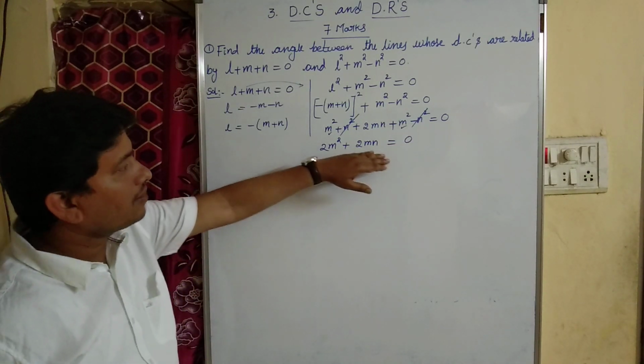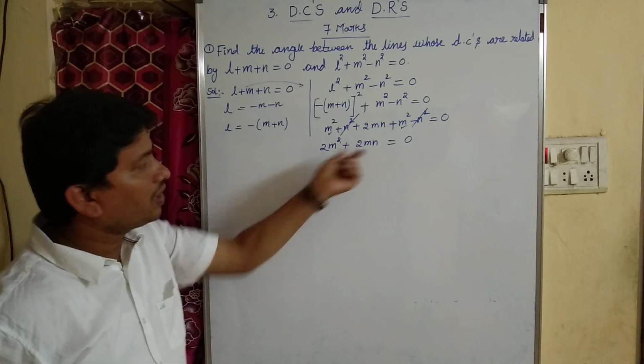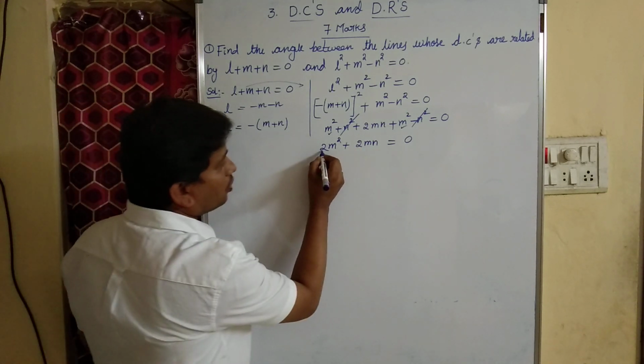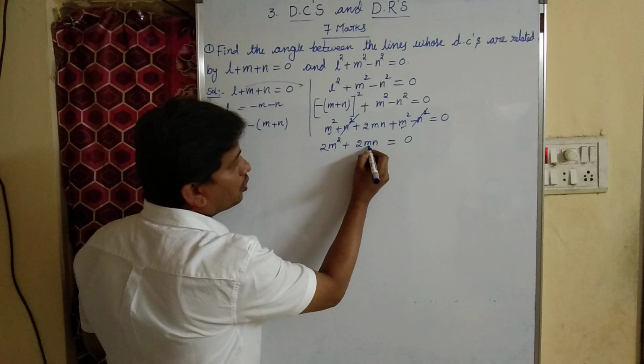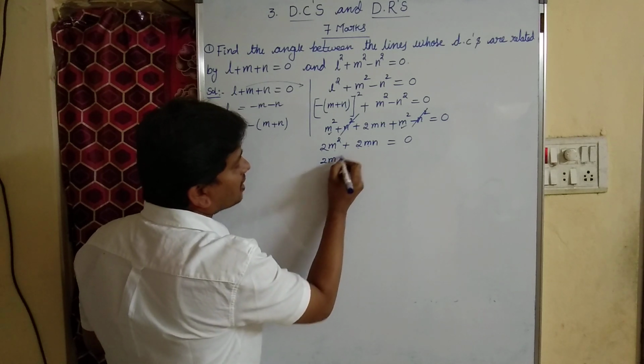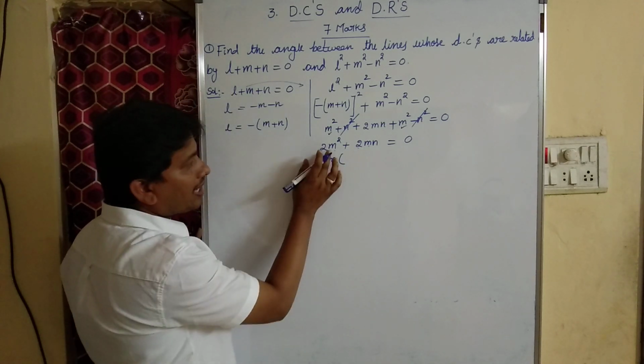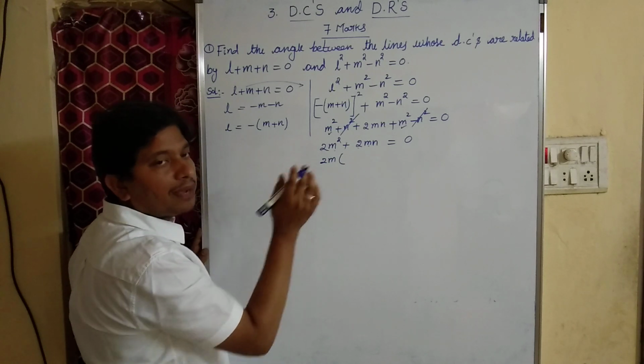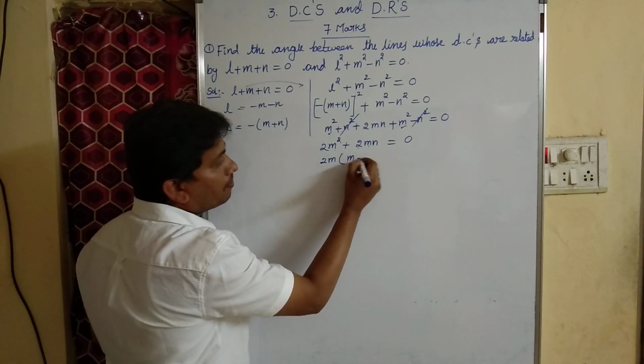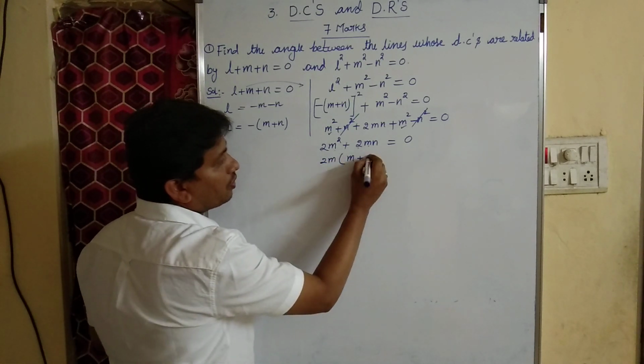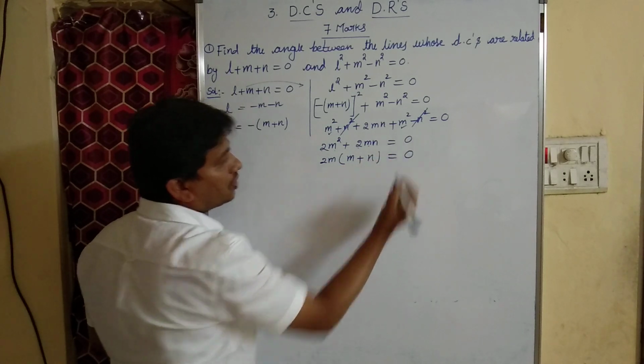From these two terms, if you observe carefully, we have 2M in both, so let me take 2M as common: 2M into M plus N equal to 0.